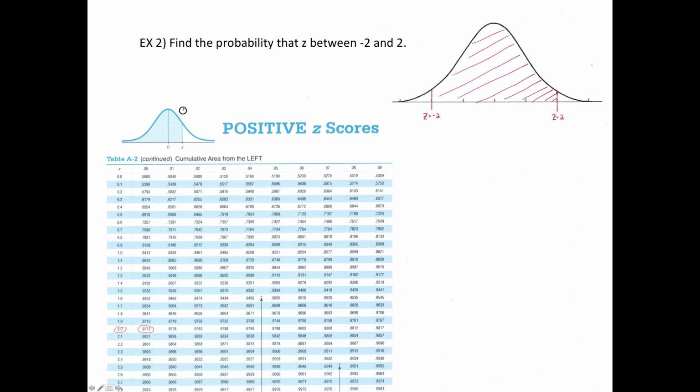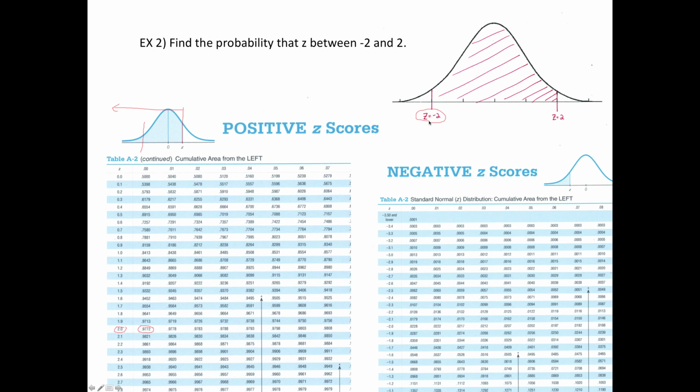Keep in mind that 0.9772 goes from here all the way to the left forever, which means it's too much, because it's also including this left tail. We're going to have to look up how much is that left tail and subtract it off, because that left tail is not supposed to be shaded. That's coming from z equals -2.